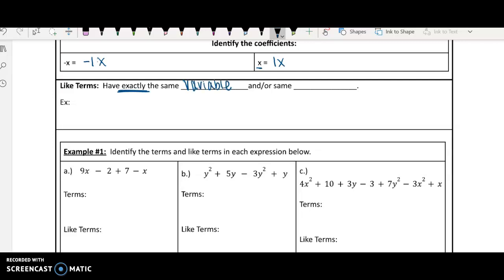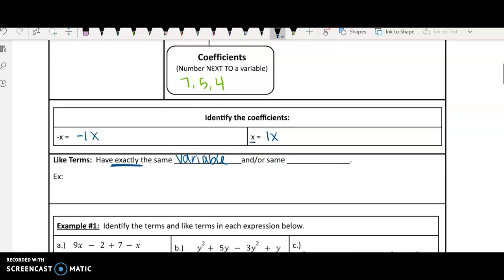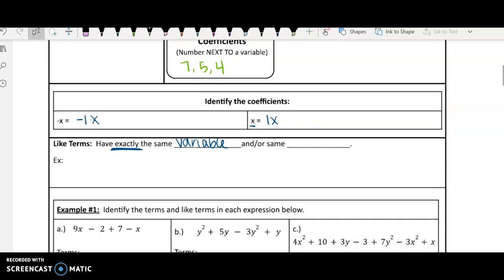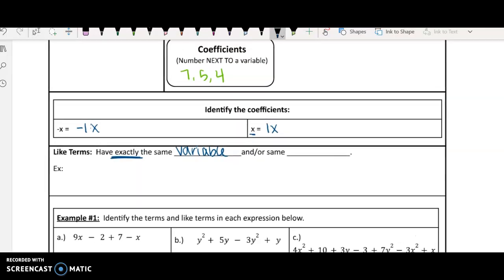That is some rough handwriting, but it is what it is.